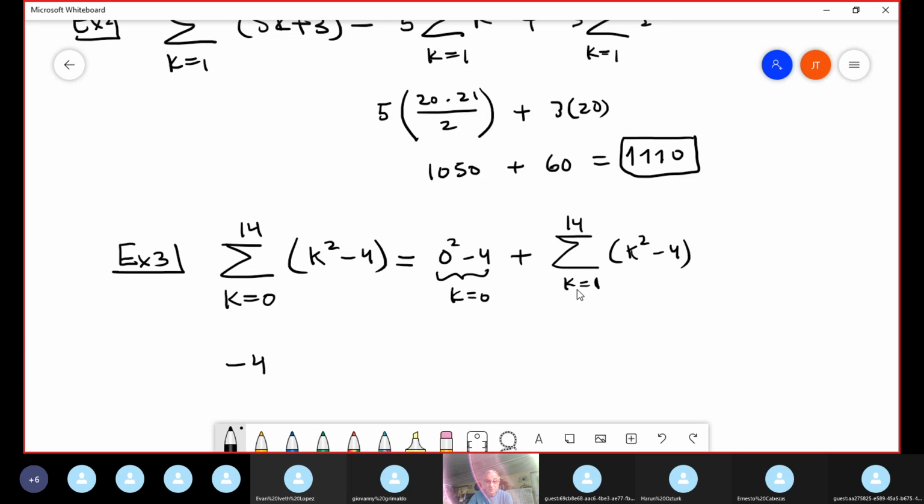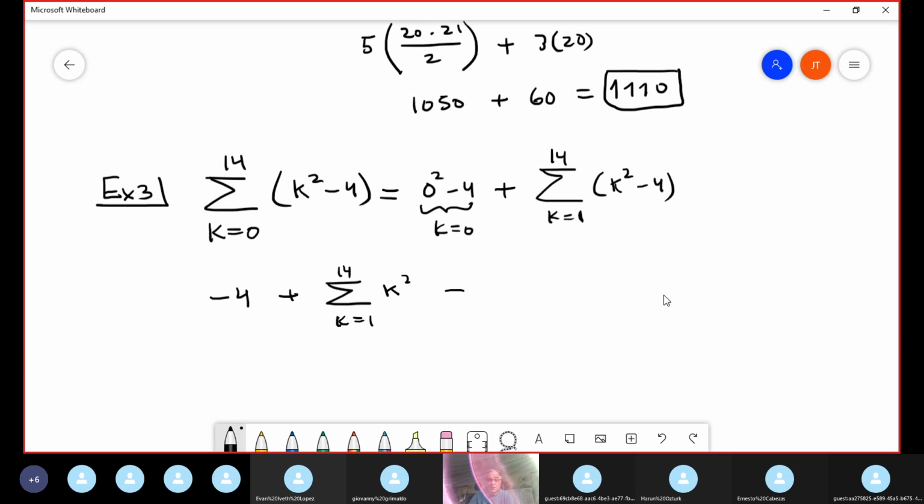And then you expand this summation into one summation from K equal 1 to 14 of K squared, and another summation, minus, because it's subtraction here, look, minus another summation from K equal 1 to 14 again, of just 4. Let's compute that part. -4 is -4.